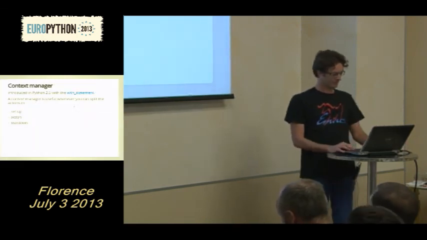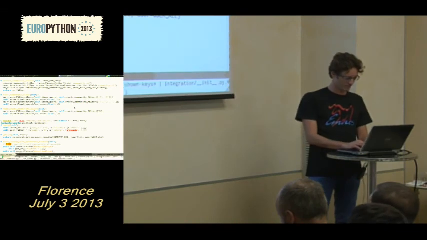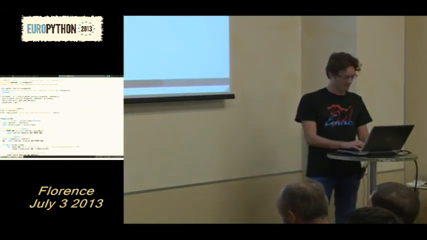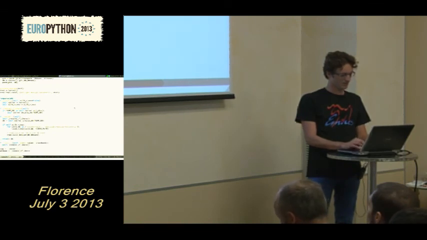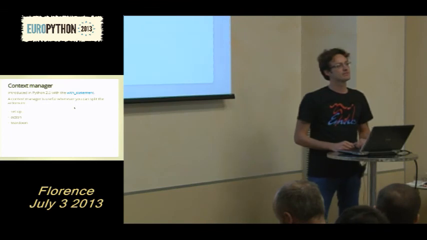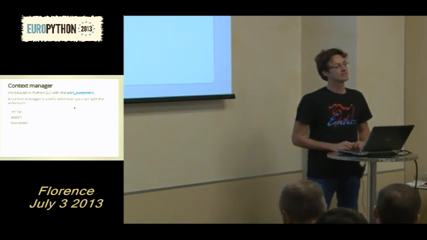Any more questions? Maybe it's not a question to you, but for anybody looking for a practical example for using decorators, it would be the web application, for example a Django application.